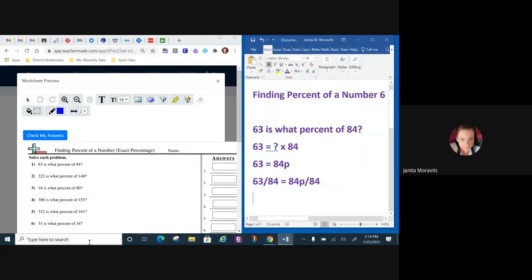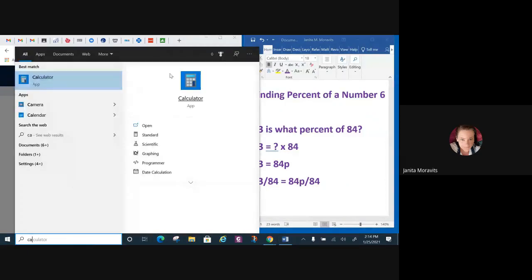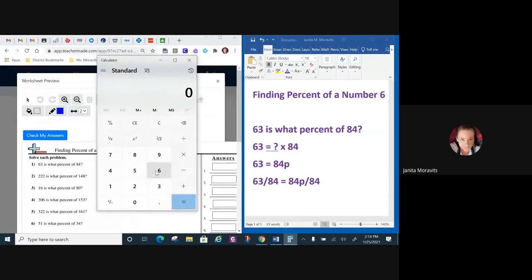So let's go to our handy dandy calculator. And we're going to say 63 divided by 84. And that is equal to 0.75. So we have 0.75 equals P, or our percentage.